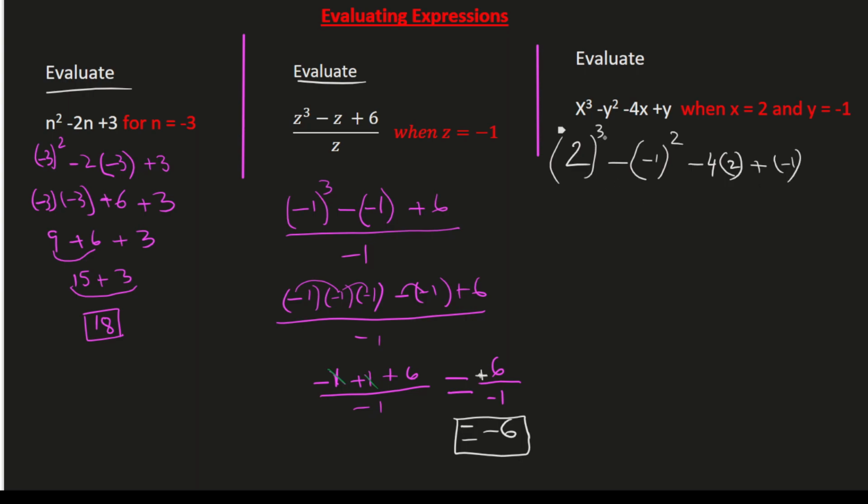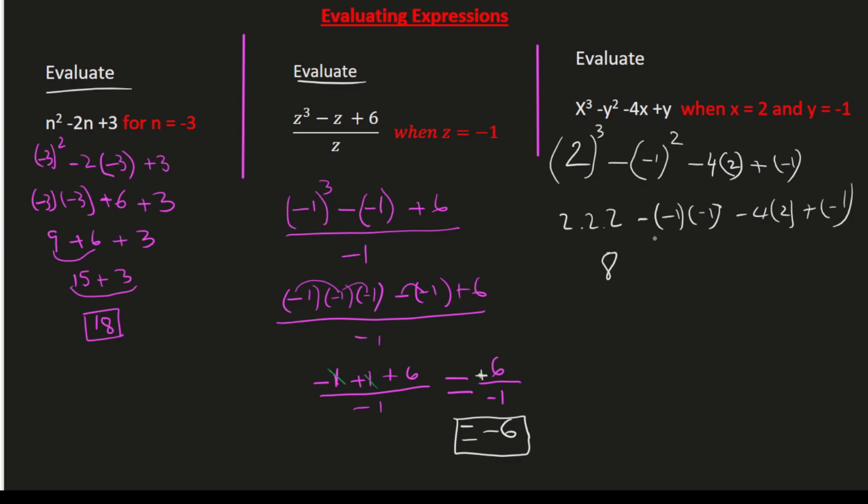But 2 cubed is 2 times 2 times 2, because 2 is taken 3 times as a factor. Minus negative 1 squared, negative 1 times negative 1, so it's negative 1 taken 2 times as a factor. Minus 4 times 2, and plus negative 1. Okay, so now let's simplify. We get 2 times 2 is 4, times 2 is 8.